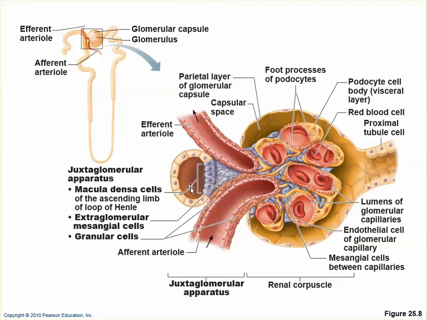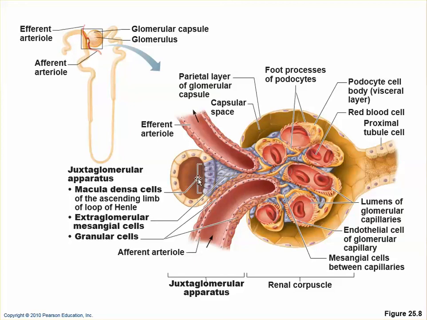Now what happens is, if there's too much filtrate being formed here, then it passes too quickly through the tubules, not enough reabsorption happens, and we have more liquid here. When there's more liquid here, or that liquid has too much salt or sugar in it, that means this is working too quickly.